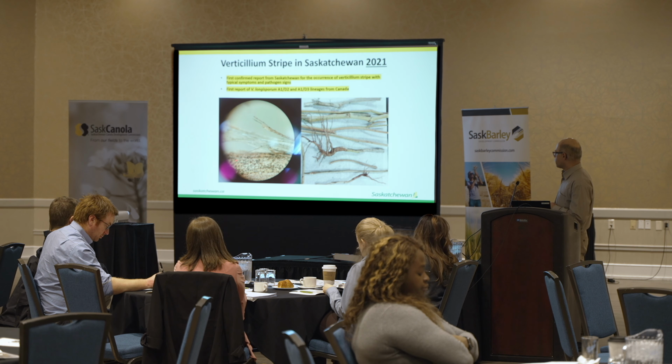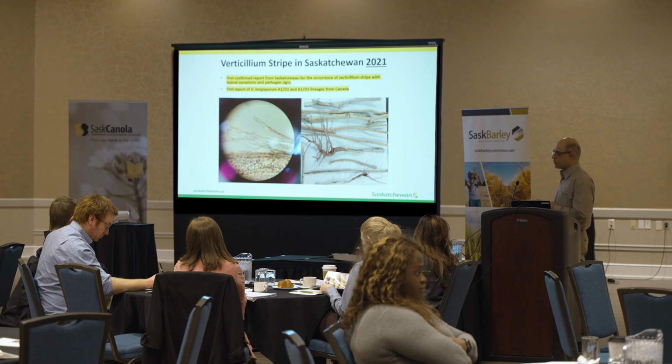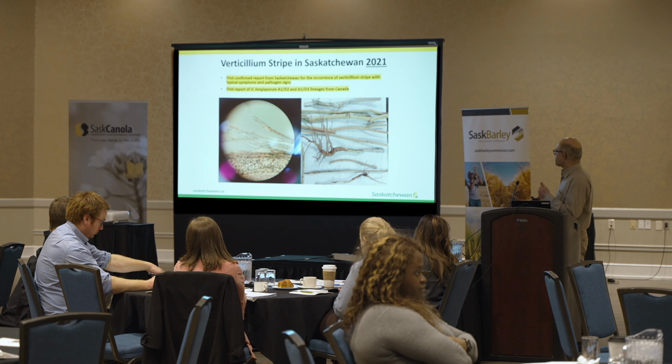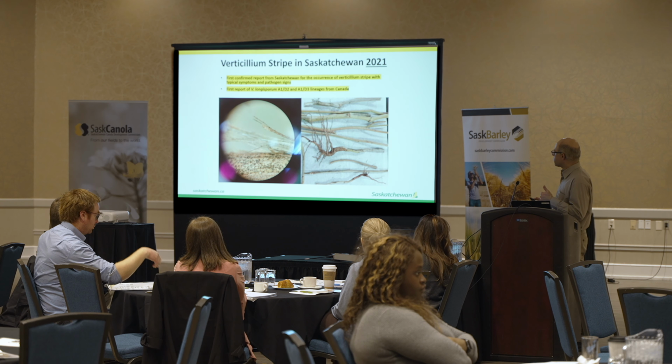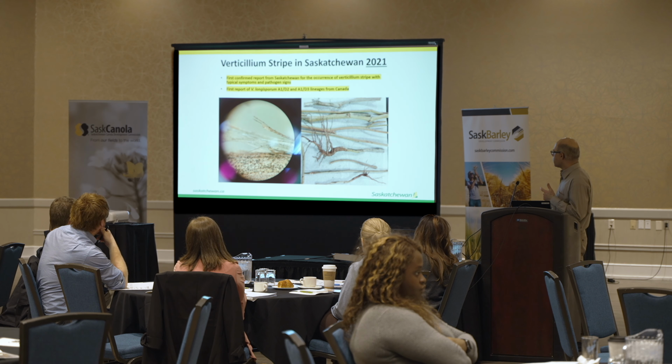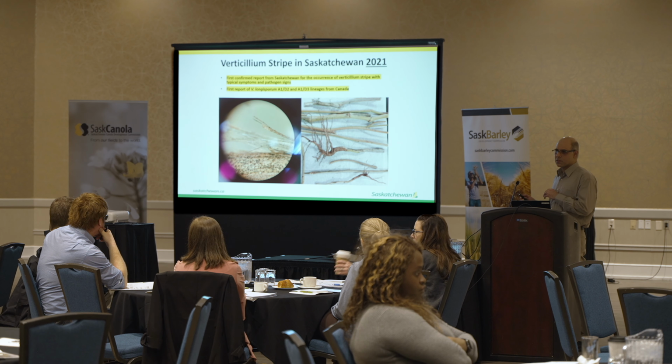These are the microsclerotia under the lens of our stereo microscope, and this is the exact sample that we received from that producer. So it was the first confirmed case of verticillium stripe with visible signs in Saskatchewan, and two lineages of Verticillium longisporum were found in those samples for the very first time in Canada.